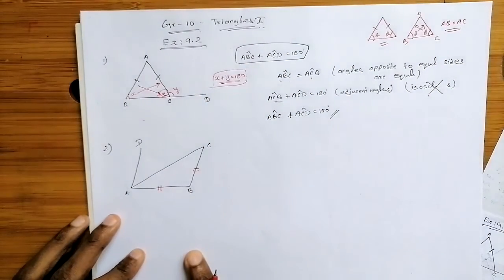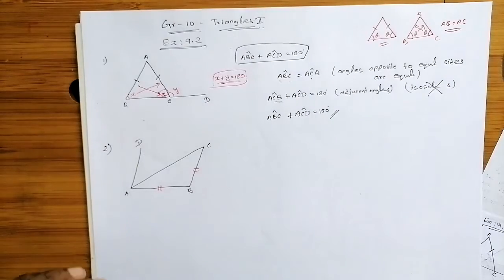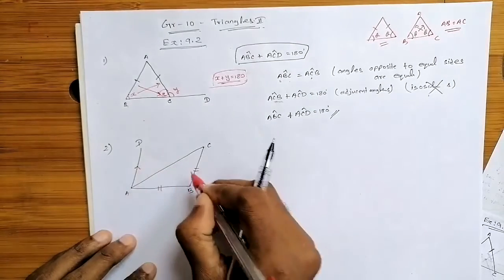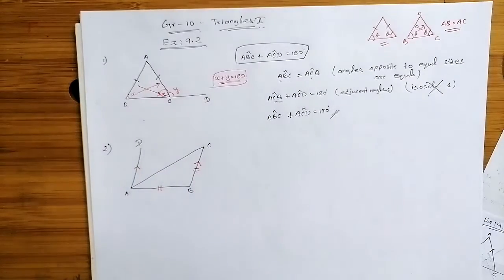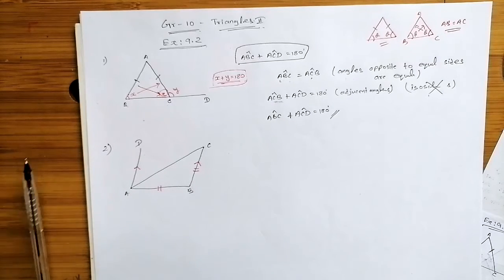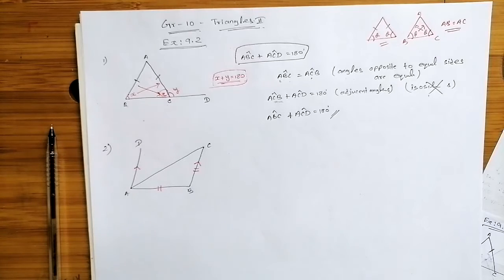The second data: AD and BC are parallel. A parallel line is given. So prove that the bisector of DAB is AC. Okay, bisector of DAB. So what is the meaning of bisector? We are studying grade 9.